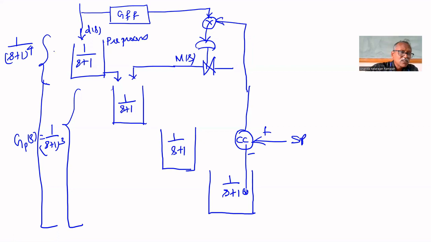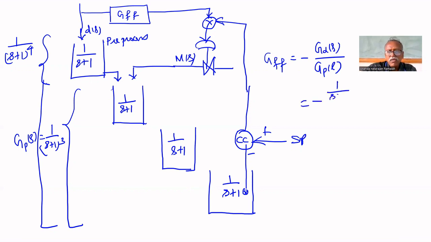The disturbance model is 1 upon (s plus 1) to the power 4. Process model is 1 upon (s plus 1) whole cube. Therefore, GFF equal to minus GD of s upon GP of s. That is equal to minus of 1 upon (s plus 1) power 4 whole divided by 1 upon (s plus 1) whole cube.